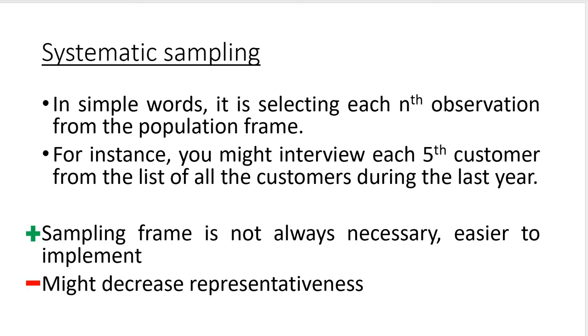So in this case, sampling frame is not always necessary, which is obviously an advantage, and it's easier to implement compared to simple random sampling. However, it might be featuring lower level of representativeness compared to simple random sampling.